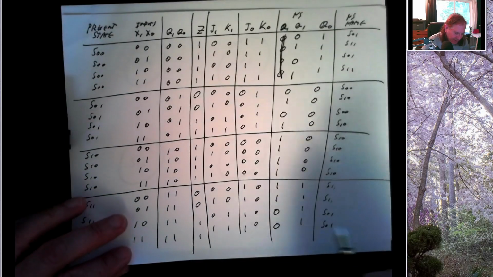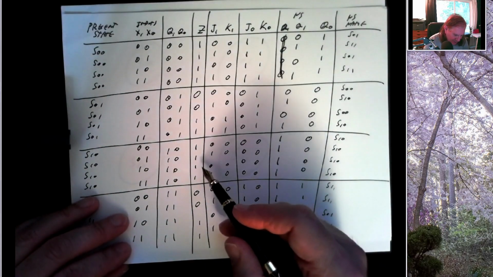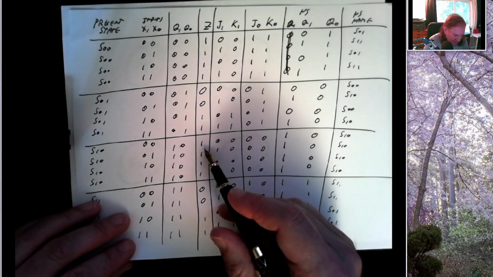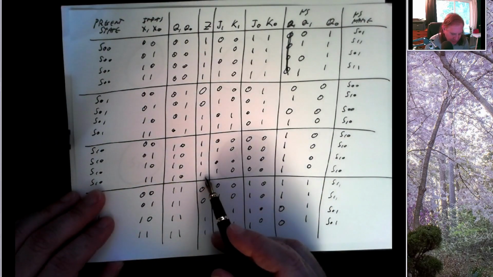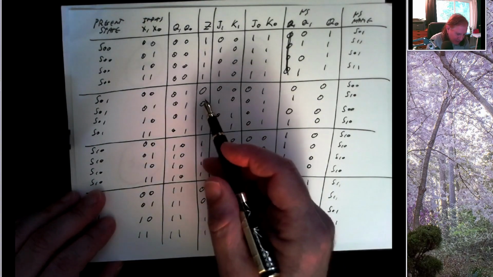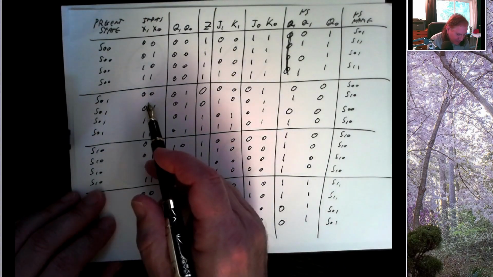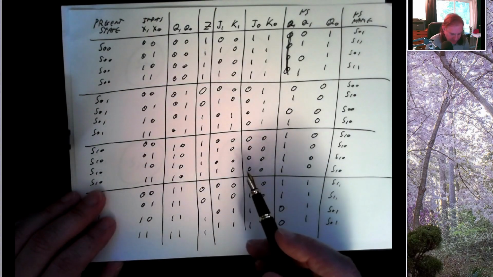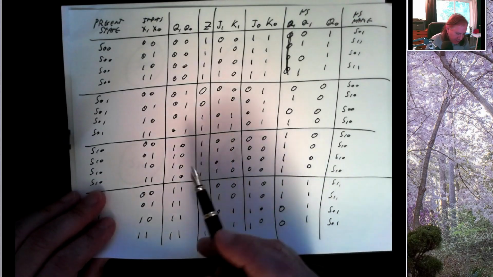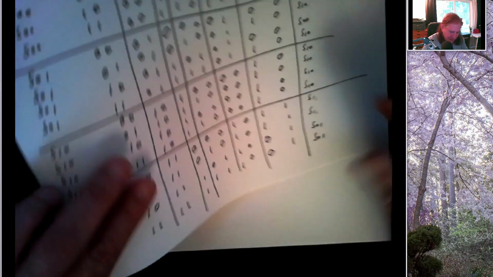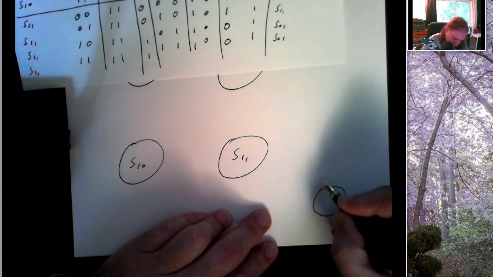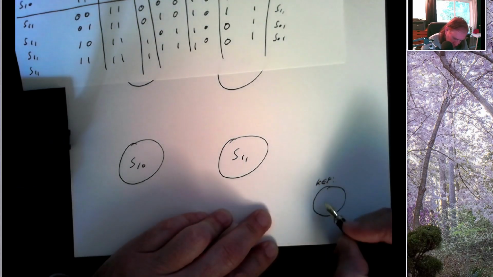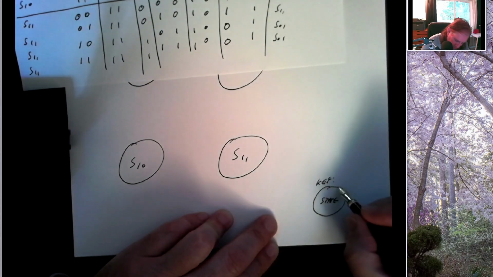And if we take a look at our outputs, we can see that in some cases our output is determined completely by our state. If we're in state S10, our output is always 1. But in some cases it depends not only on the state but also on the input values. So I'm going to make a key for my diagram, which says I'm going to put the name of the state inside a circle.